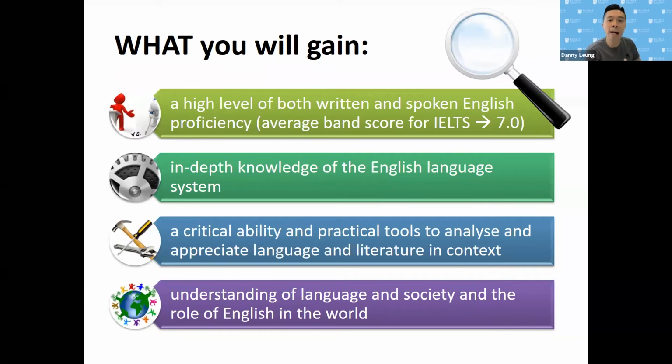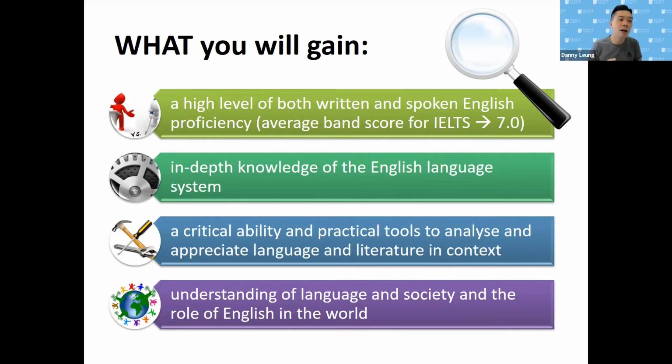But by doing a bachelor's degree in English, it's much more than just being able to write and speak the English language well. It's much more than that. And this much more than that lies in the fact that you will be able to analyze the English system using your in-depth knowledge.